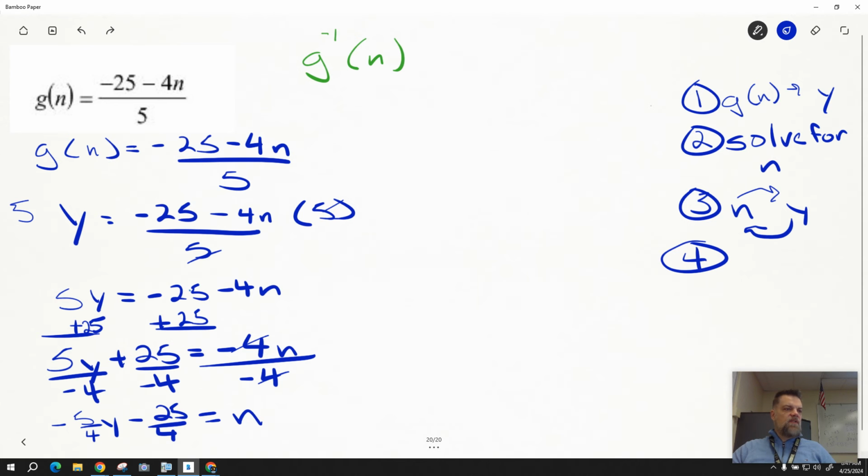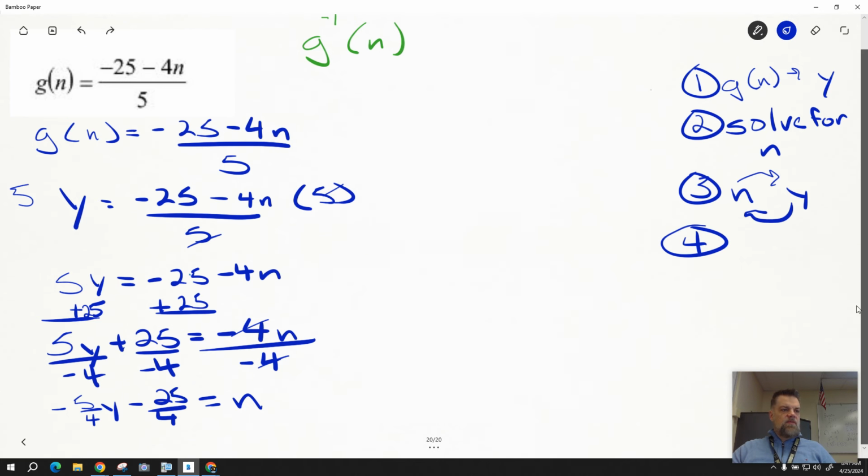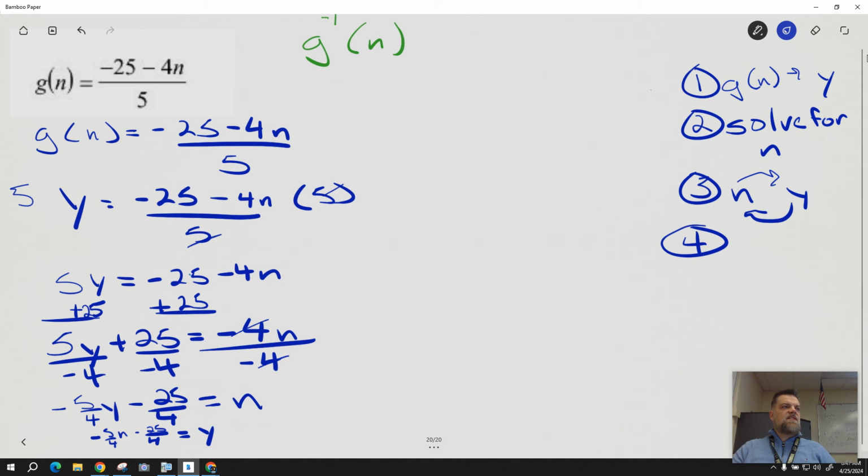Can I go down further? Maybe. I'll try to squeeze it in down here. So I've got negative 5 over 4n minus 25 over 4 equals y.